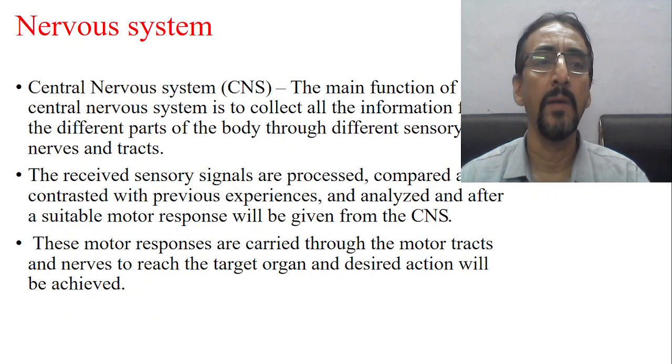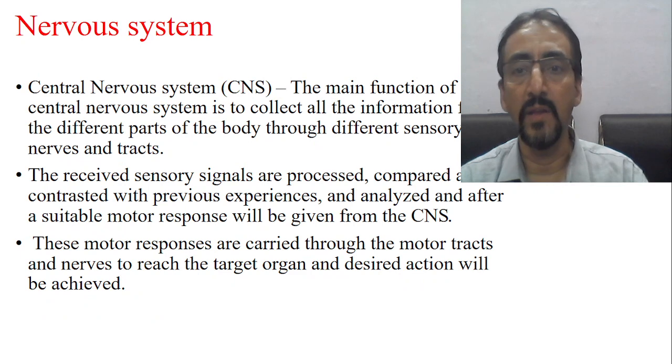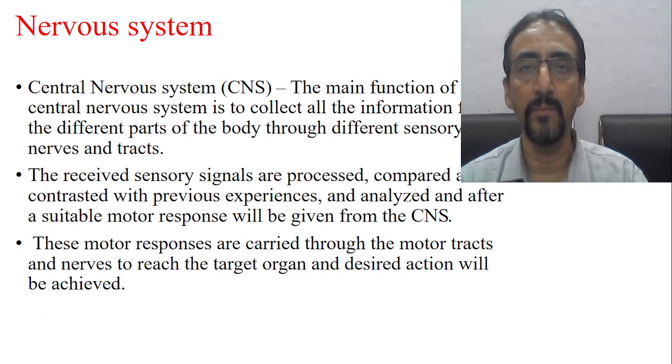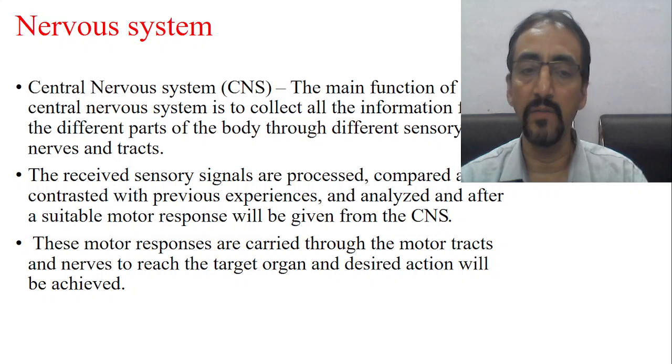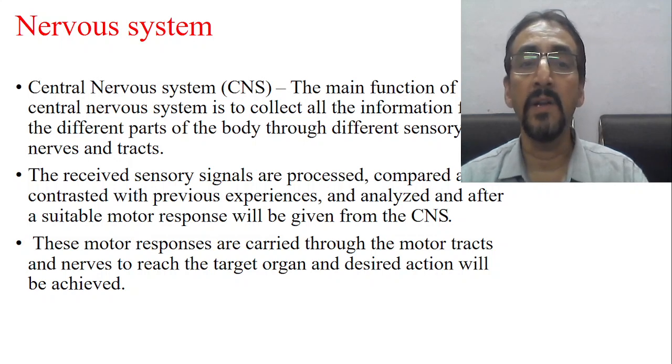Now, central nervous system, the main function of the central nervous system. So now we have seen very broadly, superficially, the structures. Now look at the functions of this particular central nervous system. The main function of the central nervous system is to collect all the information from the different parts of the body.